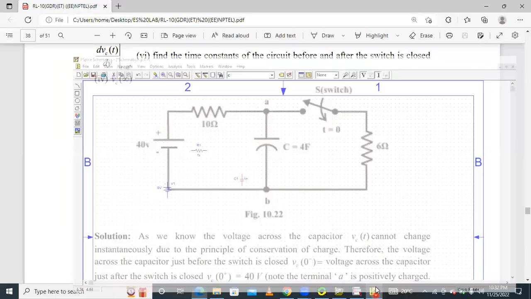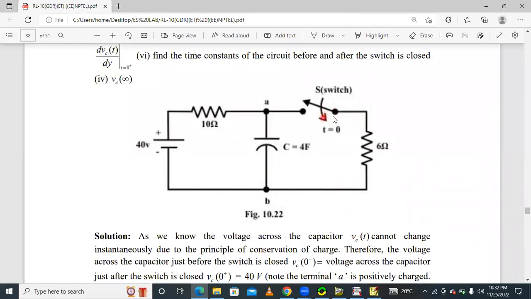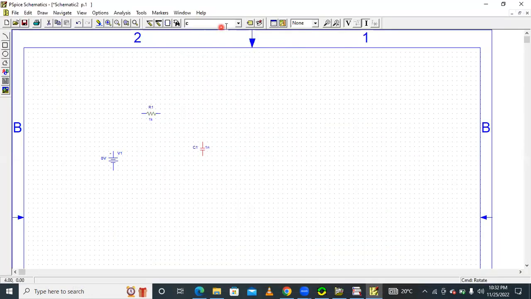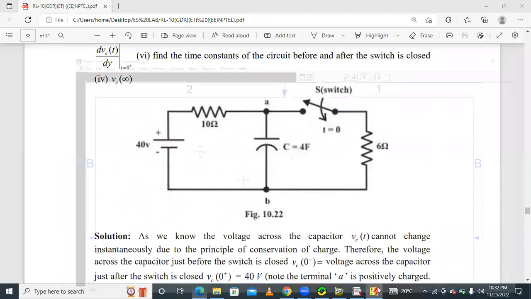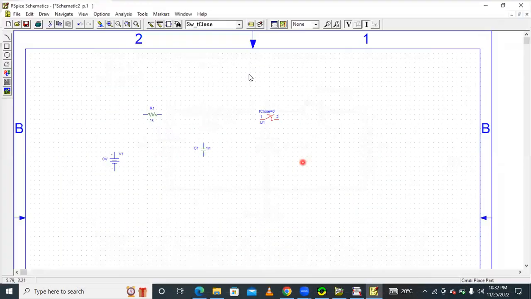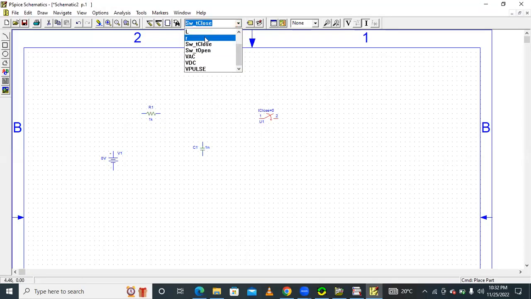Next is the switch, switch close. Select the switch T close and place it here. Then one more resistor is required, so place a resistor and connect like this.